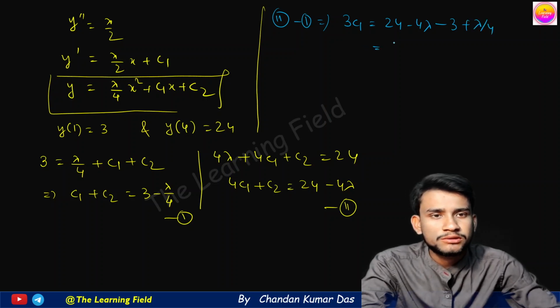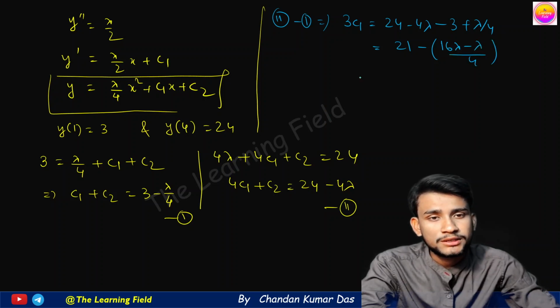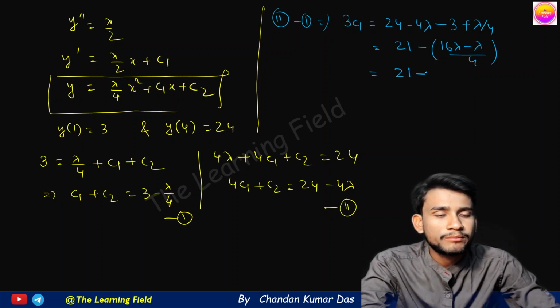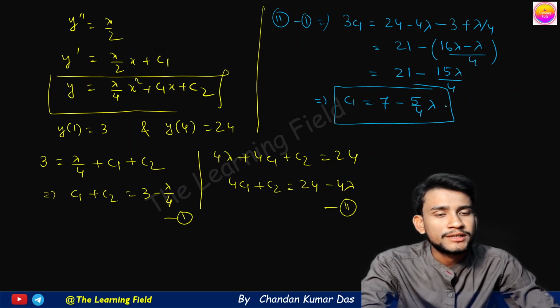So this is equal to 21 minus 4 lambda plus lambda by 4, which is 21 minus 15 lambda by 4. This implies c1 is equal to 7 minus 5 by 4 lambda. So we get c1 in terms of lambda.